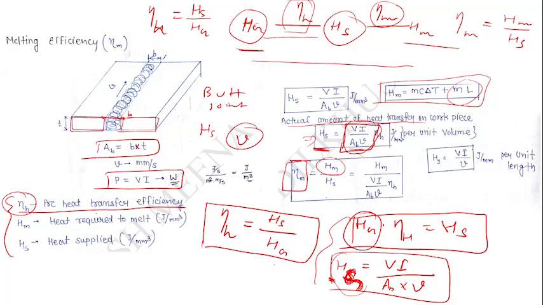Then the generated heat you can calculate because you know the voltage and the current and the velocity that you are using in the area. So Hg you can easily calculate. If you can calculate Hg and they have given you the efficiency, you can calculate the supplied heat. And if they are giving the melting efficiency also, you can calculate the required amount of heat to melt.